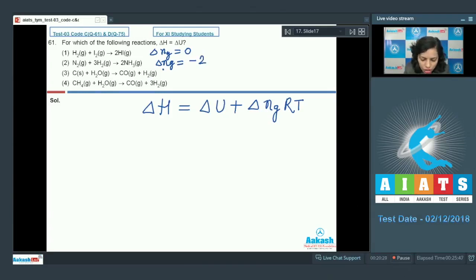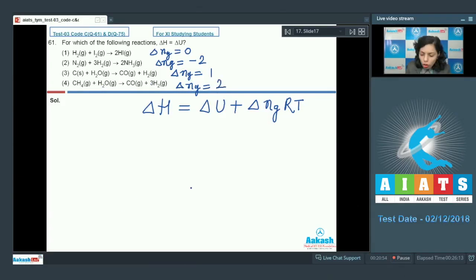For the third reaction, the delta ng value is equal to the gaseous moles you only have to consider here, and this would be plus 1. And for the last reaction, if you check the gaseous moles of carbon monoxide and hydrogen, 3 plus 1, 4, while on the reactant side 2 gaseous moles are available. So definitely 4 minus 2 is 2.